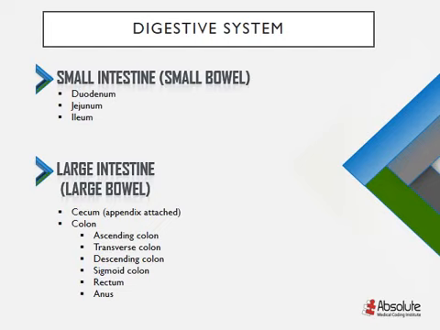So at this point, we are heavily into digestion. The small intestine, also called the small bowel, is comprised of the duodenum, the jejunum, and the ileum. The duodenum is small. It's about 12 inches long, and it handles the majority of the absorption. It's the first part of the small intestine that gets fed from the stomach.